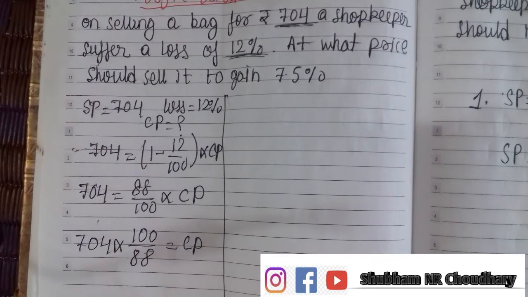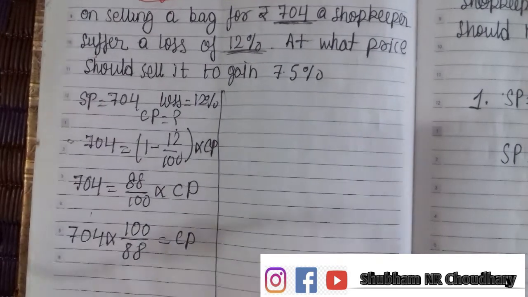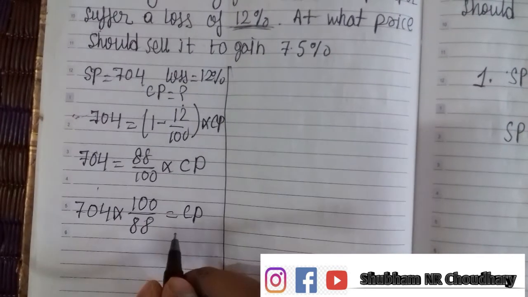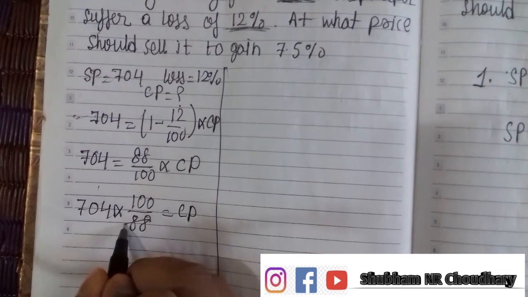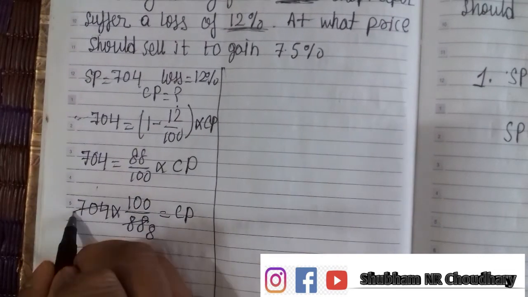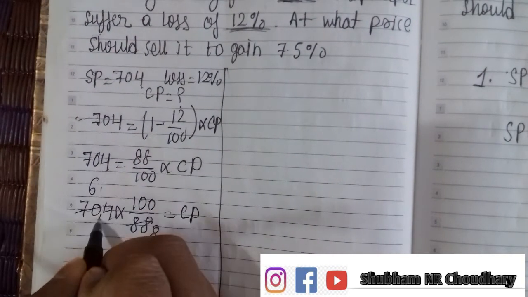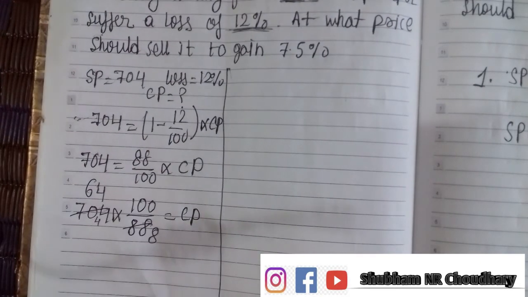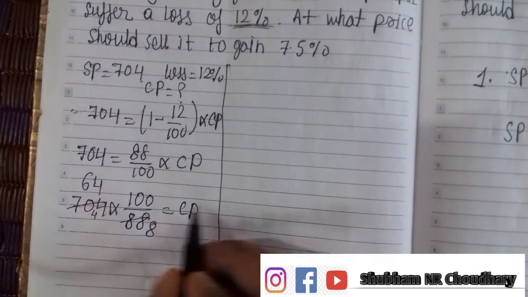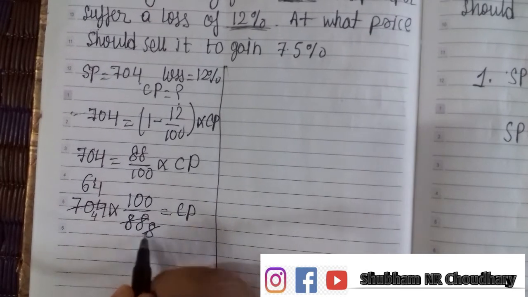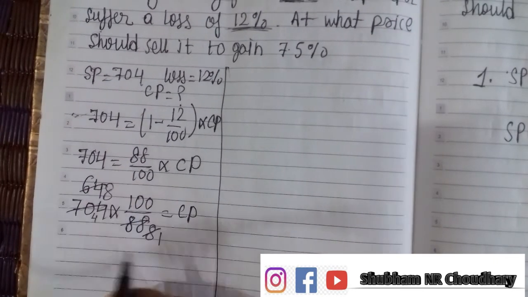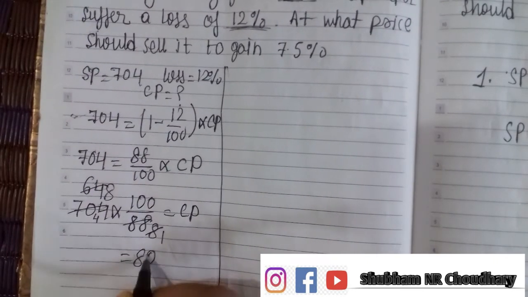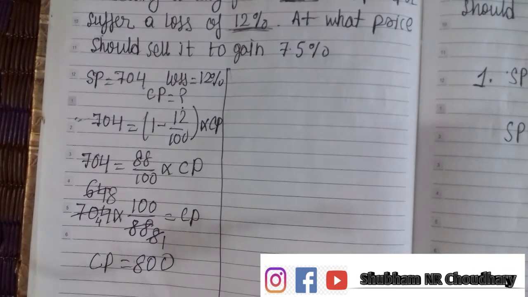We will get the cost price through this. Now, as we know, 11 8s are 88, 8 8s are 64, so we can see our cost price is 800.